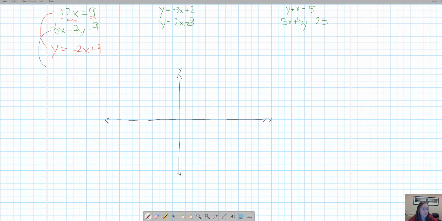Then for my second one, I'm going to add 6x to both sides. So this is going to be not just y, but negative 3y, because this is 0, equals 6x plus 9.